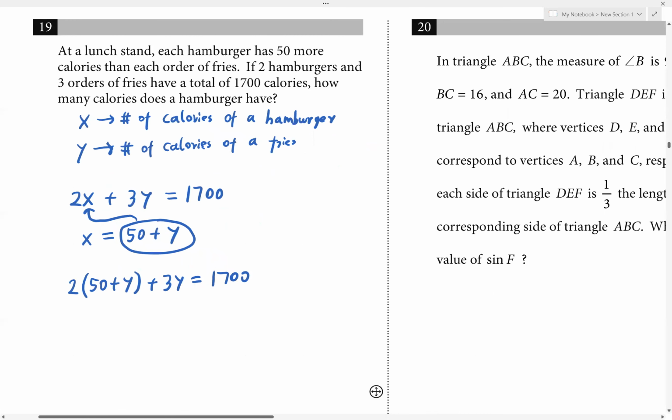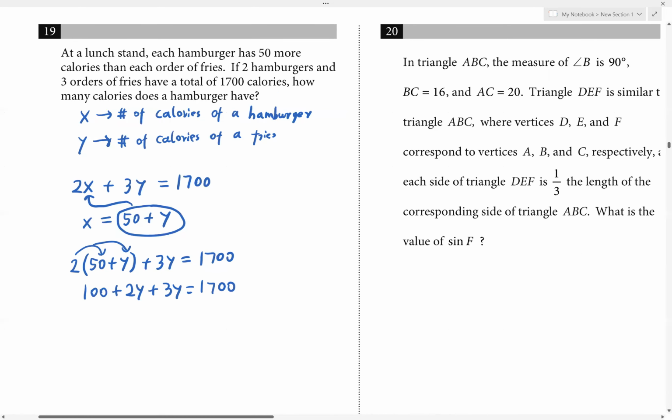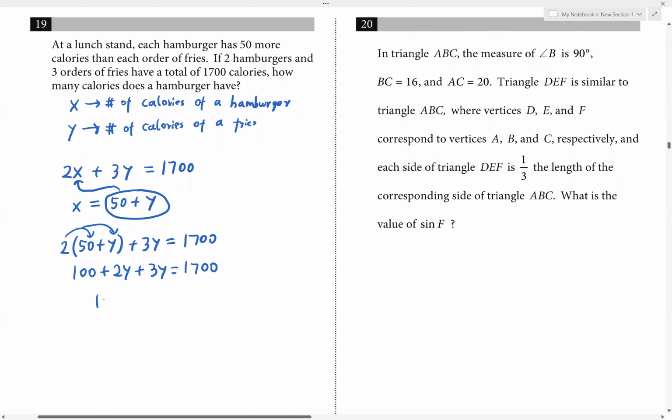Now to solve from here, we can distribute the 2. That gives us 2 times 50 is 100, plus 2 times y is 2y, plus another 3y, equal to 1,700. Combining like terms, this is 100 plus 5y equals 1,700.